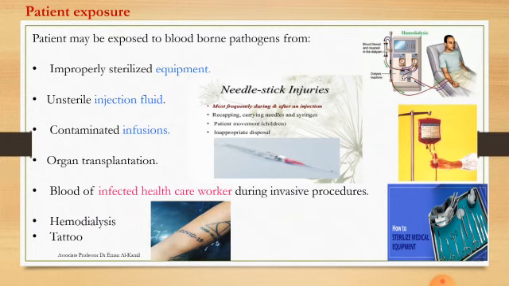So how is a patient exposed to or does he get the infection in the hospital? This may be due to the use of improperly sterilized equipment. If the patient is treated or managed by the use of unsterilized equipment, such as unsterilized syringes or other instruments which are used for surgery.